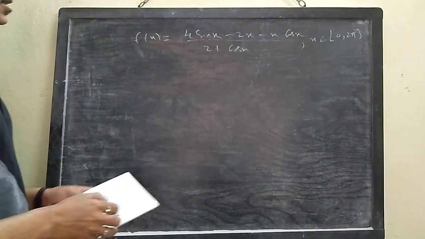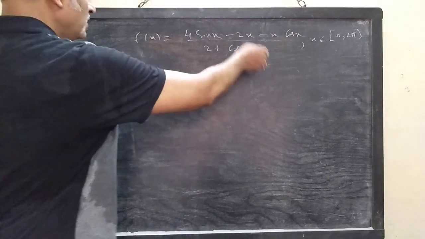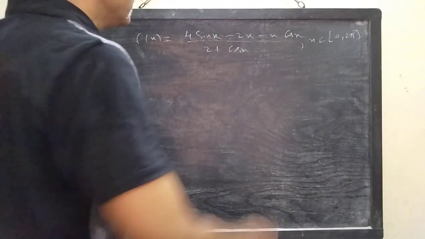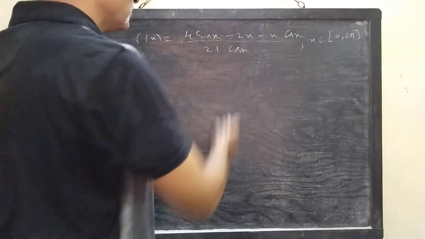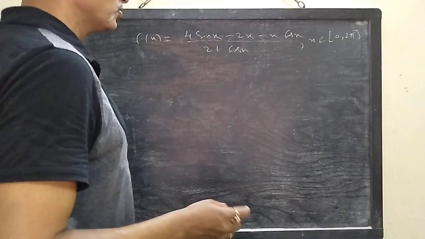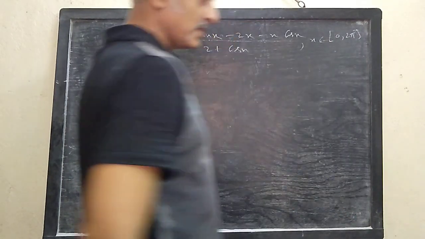That is, you have to study the nature of the function within that interval. First look, the denominator can't vanish because the minimum value of cos x is minus 1, and the numerator is a sine function, cos function and a polynomial function, so this is defined for all real x. So here the domain is all real numbers, but you have to study the nature of the function within this interval.